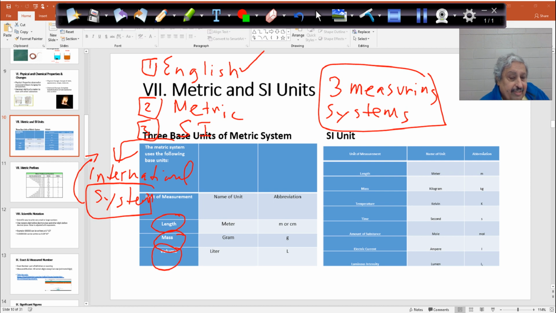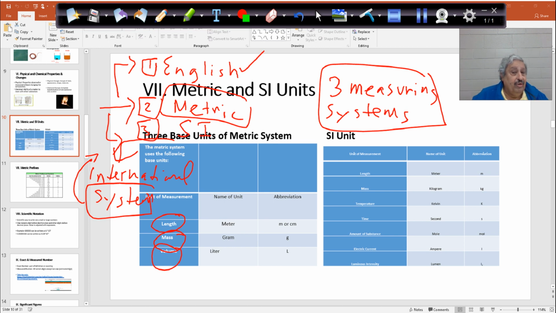So the metric is the easiest and the most used measuring system, because you can easily convert from here to here. Somebody will tell me why it's easy to convert from metric to English and vice versa, and from metric to the SI measuring system.